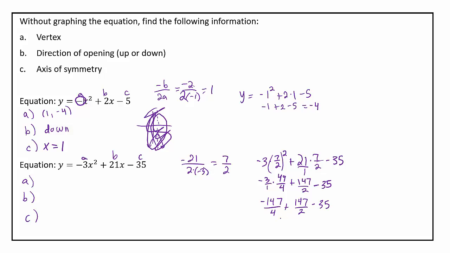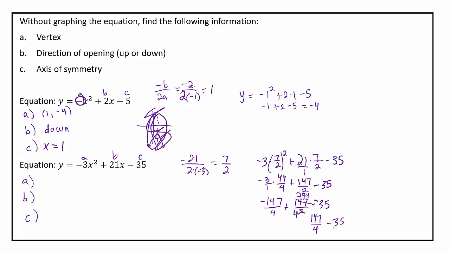And then to put these two things together, we need to get a common denominator. So this is going to be a 2 times by 2 on top and bottom. So that makes that 294 on top. Negative 147 plus 294 is 147 again. Whew.